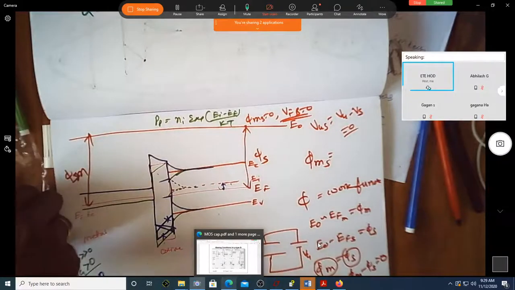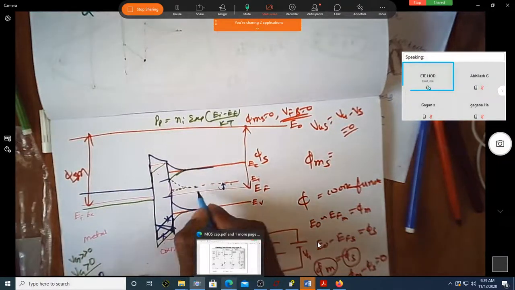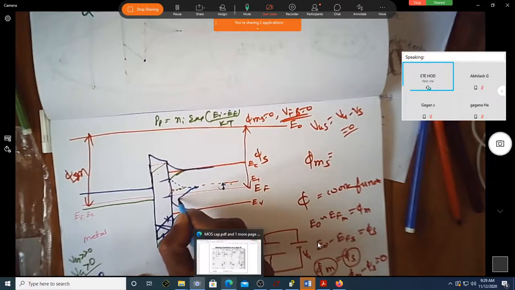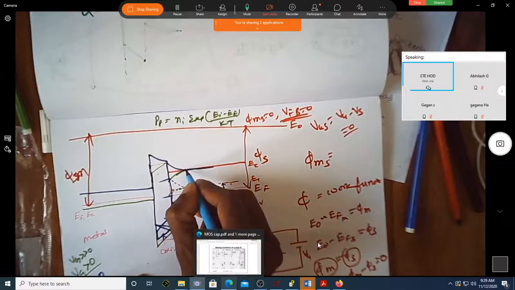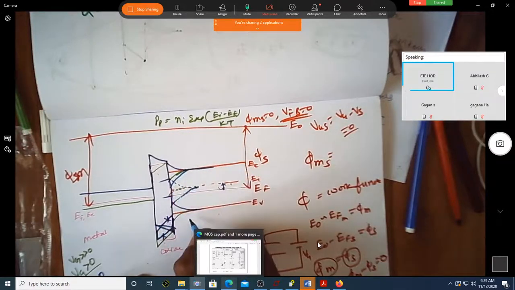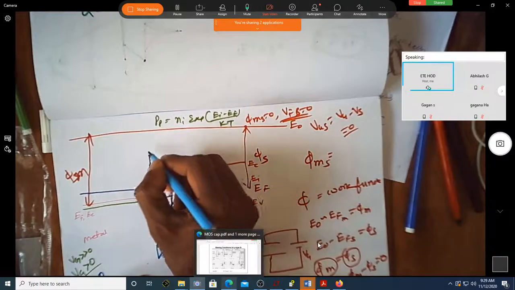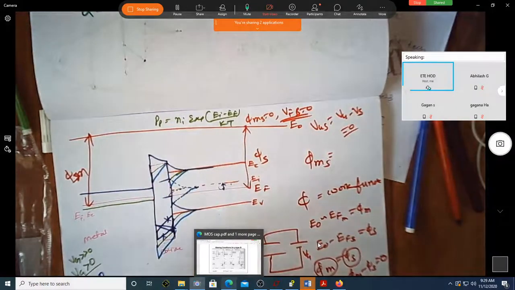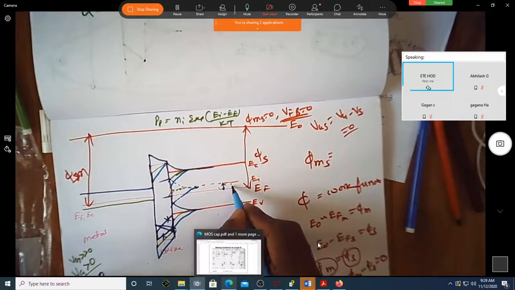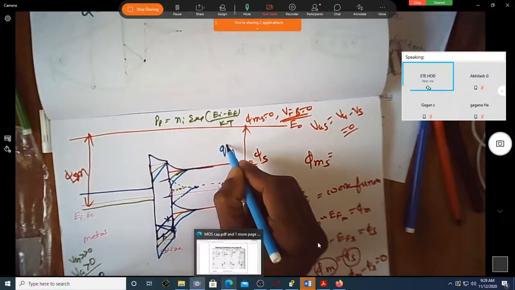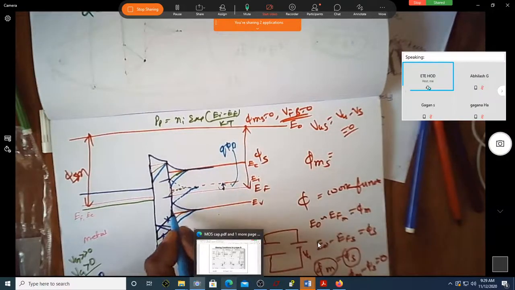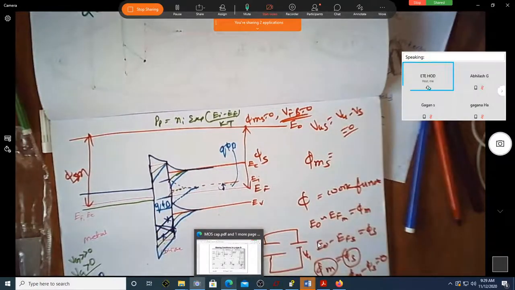Now the bending is so much that it just bends here. This is also bending too much, and this will also bend too much. Of course, this is also going down. Whatever separation you had, Q into phi b here, you have a similar Q into phi b.